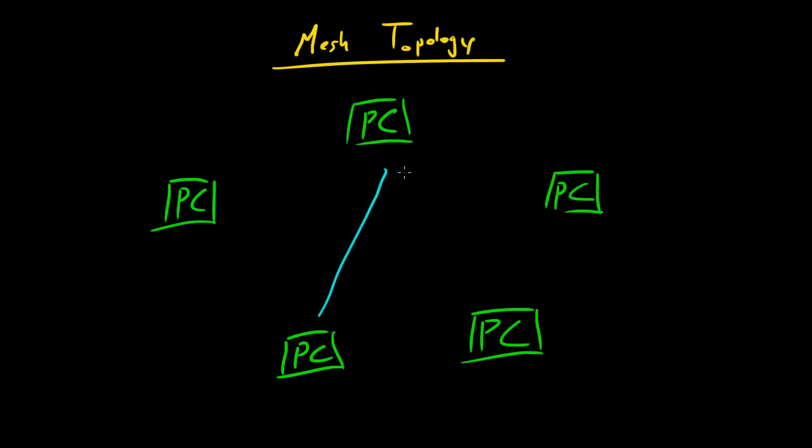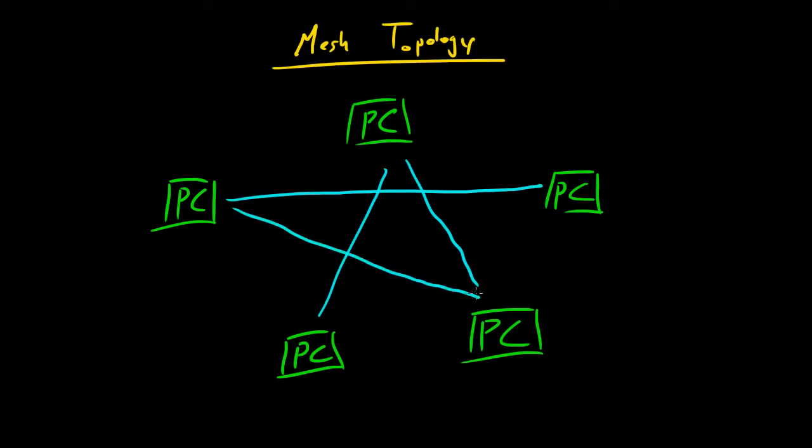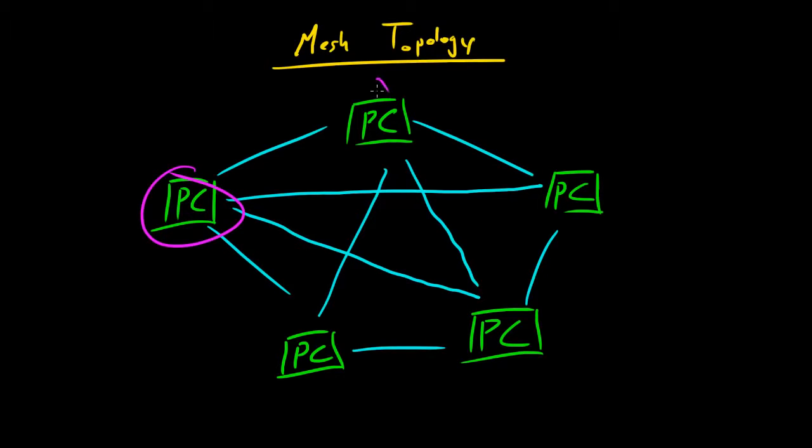Let me just draw it real quick. This would be connected to this, to this, and of course, so I think if I draw it like this, then this blue thing is of course Ethernet, and as you can see, every single computer in this network is connected to every single other computer. For example, if you look at this one, it is connected to this, and this. So it's very clear to see exactly what a mesh topology is.